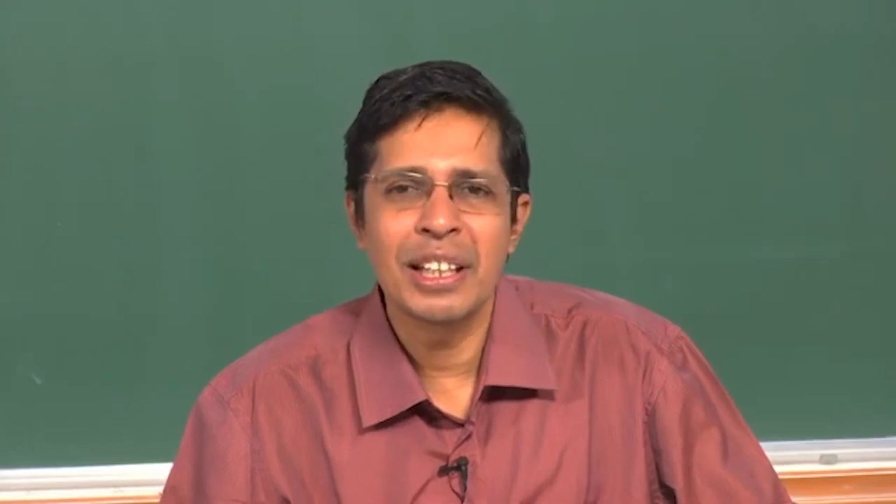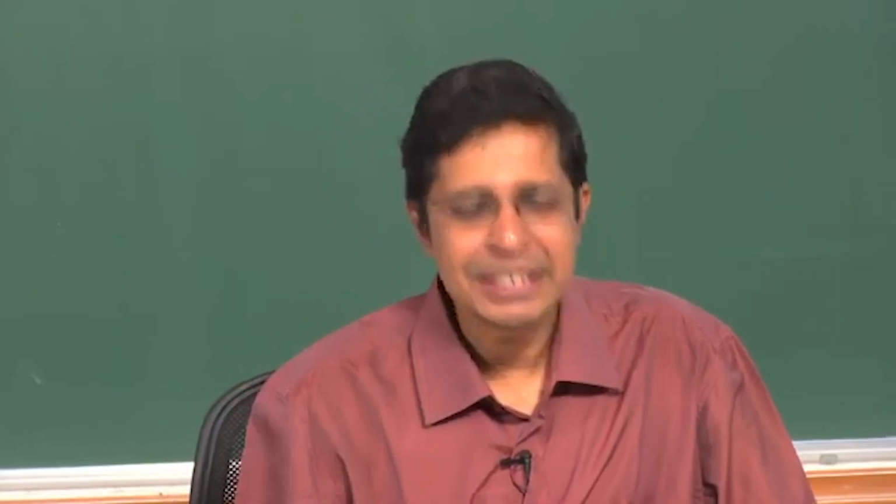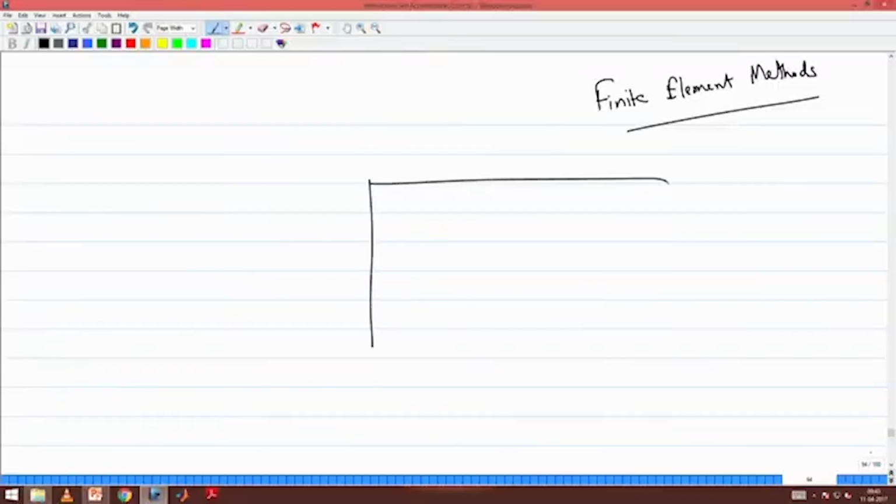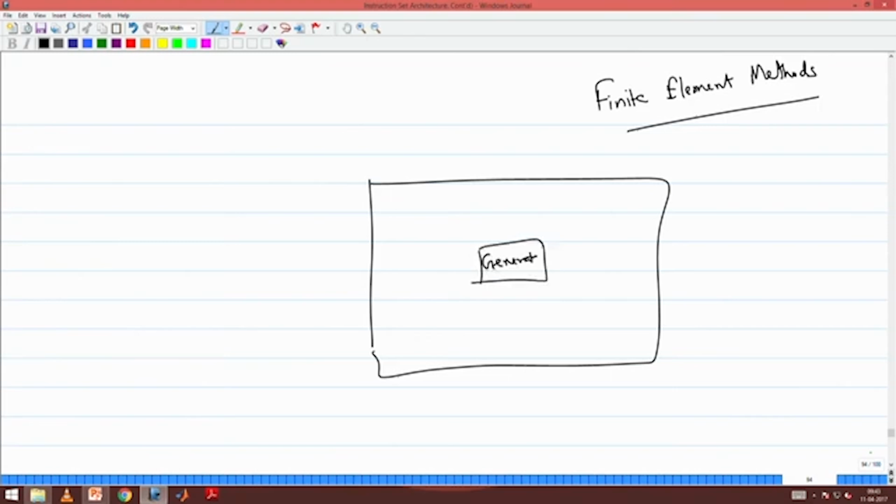So what is this finite element method? Let us take some simple problem. Now this is one floor, rooftop. On top of it I am keeping a generator, a power generator. Now I am switching it on. Now this will start shaking. I want to see how that shake propagates in all these directions.